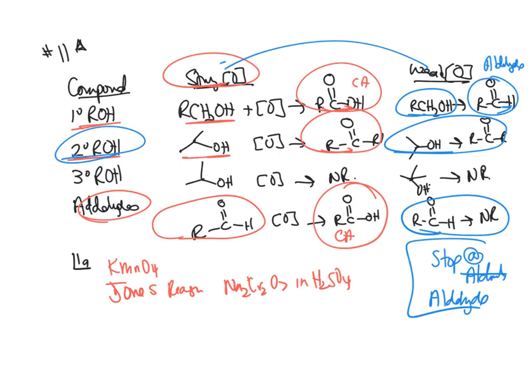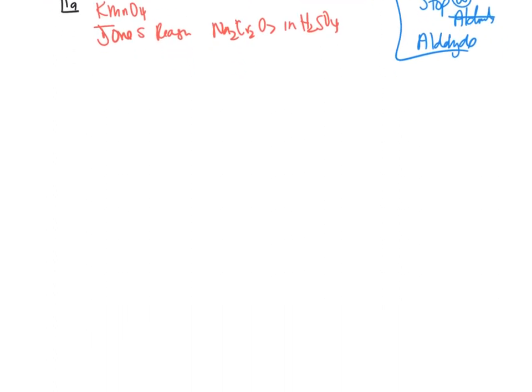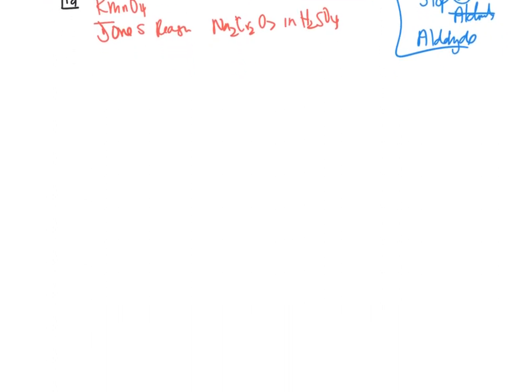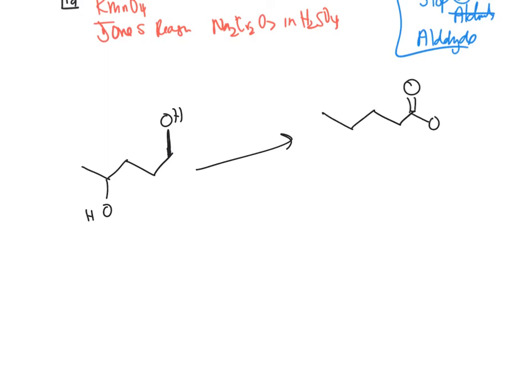Now let's do F. So here now our starting material is the diol, and once again you want to look at your starting material and decide what your starting material functional groups are, and you want to do the same thing for your products in order to problem solve.